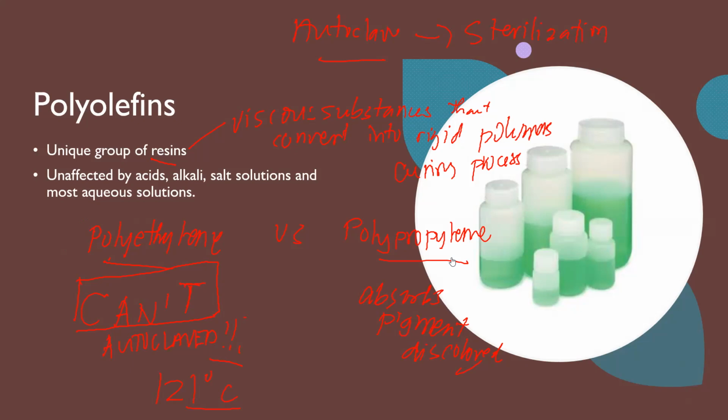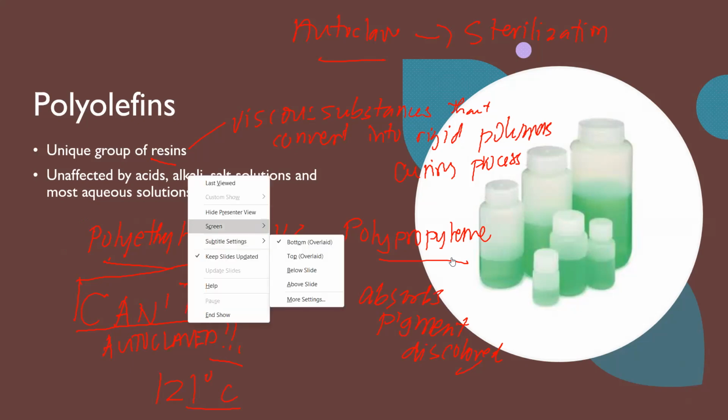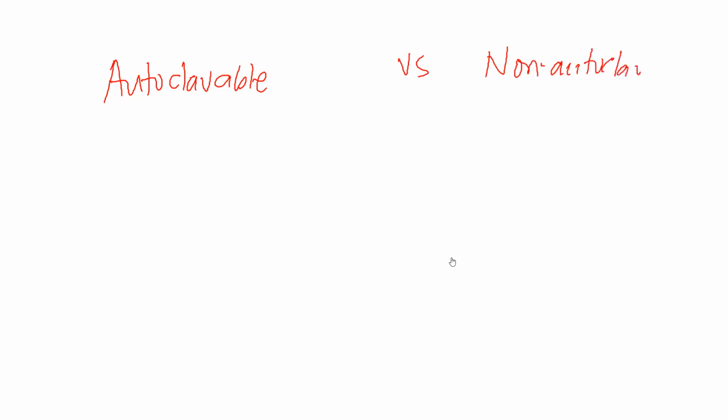Okay? Remember guys, there are two types of plasticwares. Number one, autoclavable. Number two, non-autoclavable. Autoclavable versus non-autoclavable.